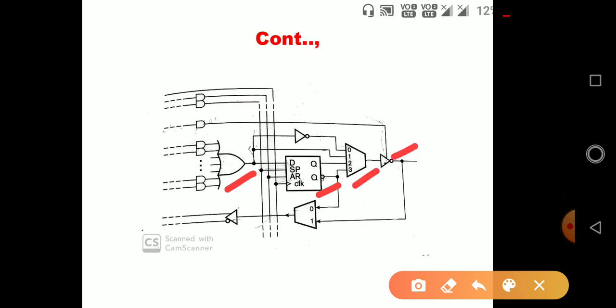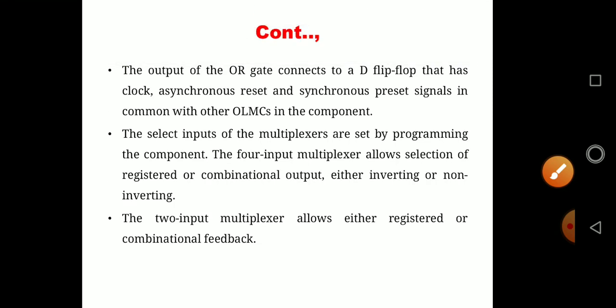Here, in this figure you can see the output of the OR gate is connected to a D flip-flop that has a clock, a synchronous reset and synchronous preset signals in common with the OLMC in the component. The select inputs of the multiplexers are set by the programming. The multiplexers which are used in the OLMC have their select signals set by using the programming component.